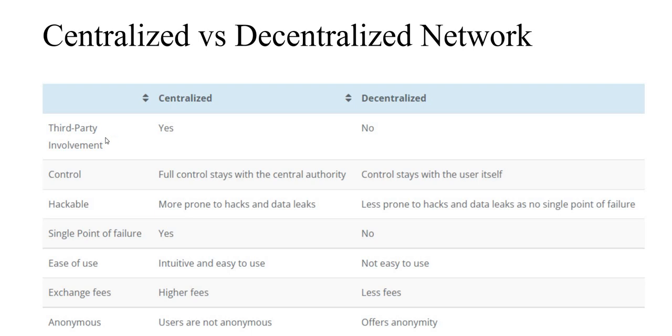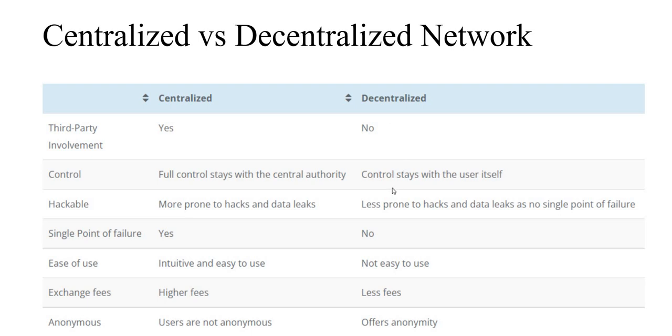In the perspective of third party involvement, in a centralized system, yes, there is third party involvement, but in a decentralized system there is no third party involvement. As for control, in a centralized system, full control stays with the central authority.